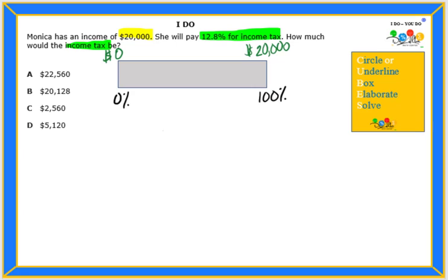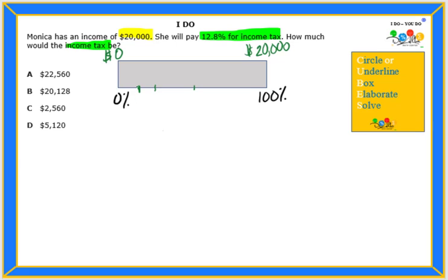So now we will find on the percent side of the bar where we think we would find 12.8%. So we can use our benchmarks. So halfway, that would be 50%. Halfway between the beginning and half would be 25%. So halfway between 0 and 25 would be about 12.5.